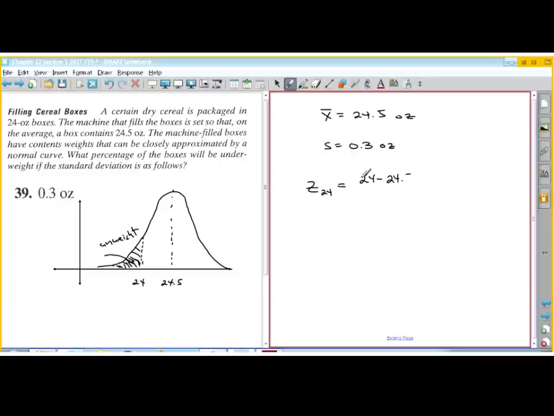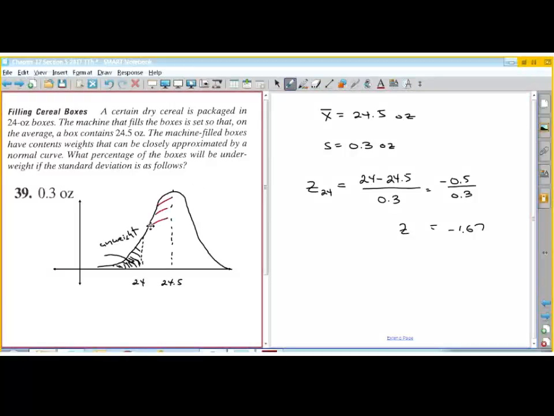So the z-score associated with 24 is 24 minus 24.5, divided by the standard deviation. So you have negative 0.5 divided by 0.3, which is negative 1.67. So that's the z-score I'm going to use to find this area, and then I'm going to subtract that from 0.5 to find the area there.